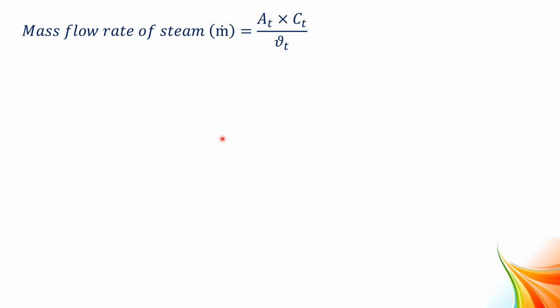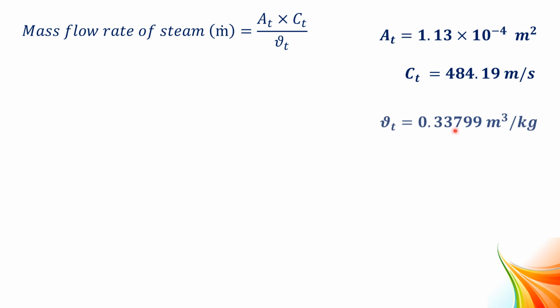Now we have to find the mass flow rate. Mass flow rate m dot equals At Ct divided by Vt. So the At, Ct and Vt values we have found. Here At equals 1.13 into 10 to the power minus 4 meter square, Ct is 484.19 meters per second, and specific volume Vt equals 0.33799 meter cube per kilogram.